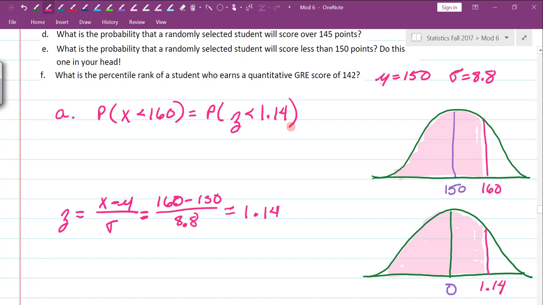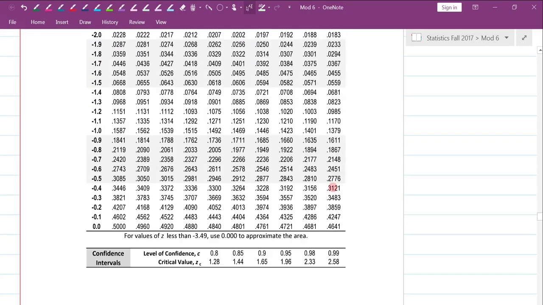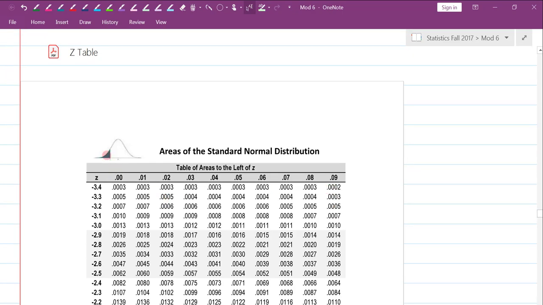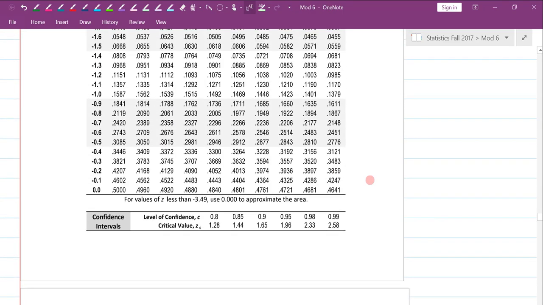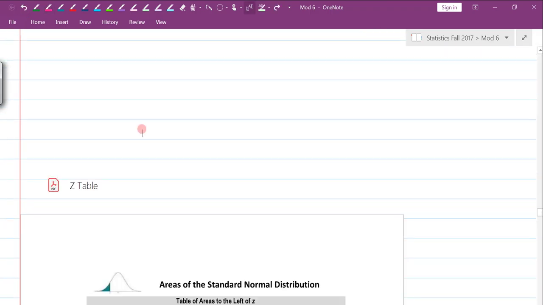So let's go ahead and go to our z tables and look up the value 1.14. Remember that our UWF z tables give the area under the curve to the left. So we're going to come over here where our positive z's are, and we're going to find z 1.14 is what we're looking for, not 41.